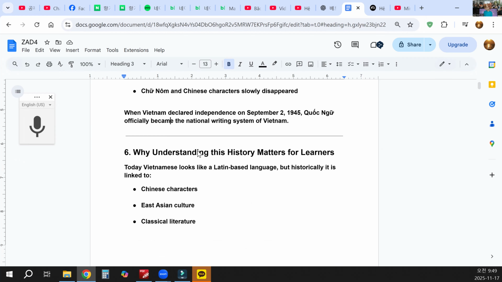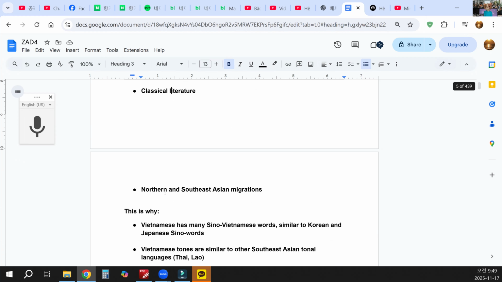Why understanding this history matters for us. Today, Vietnamese looks like a Latin-based language, but historically it is linked to Chinese characters, East Asian culture, classical literature, and Northern and Southeast Asian migration. This is why Vietnamese has many Sino-Vietnamese words, similar to Korean and Japanese Sino words.